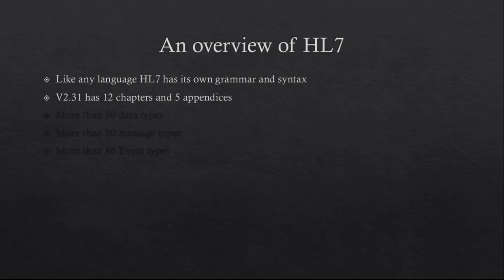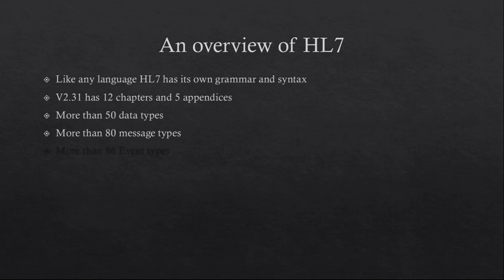Version 2.3 has 12 chapters and 5 appendices, so we'll be going through a few of them. Apart from 2.3, we also have 2.5 and 2.7, which are robustly used in the industry at this point. These have more than 50 data types, and we'll be looking at almost 35-40 data types which are very important. We'll also be covering the most frequently used message types in the industry.